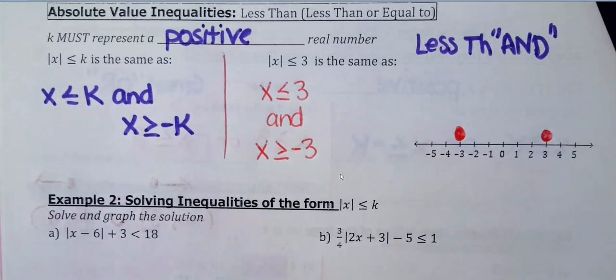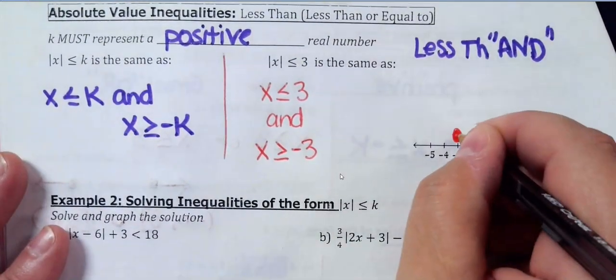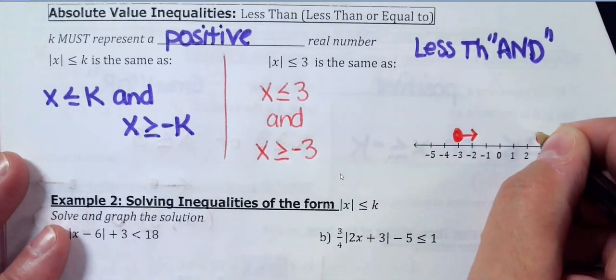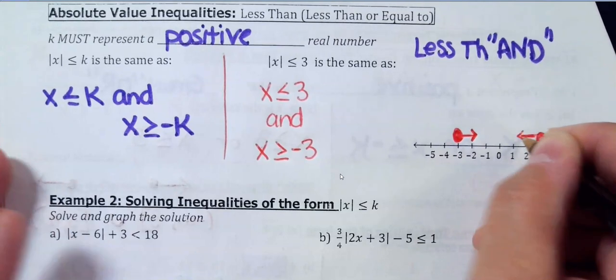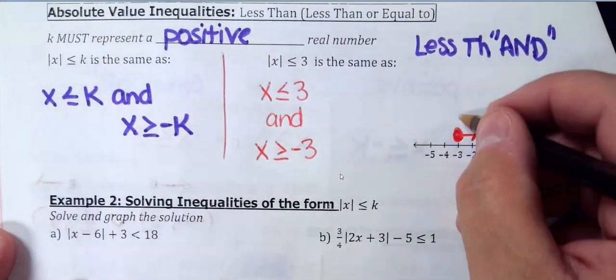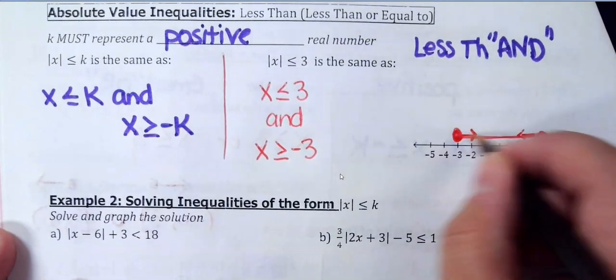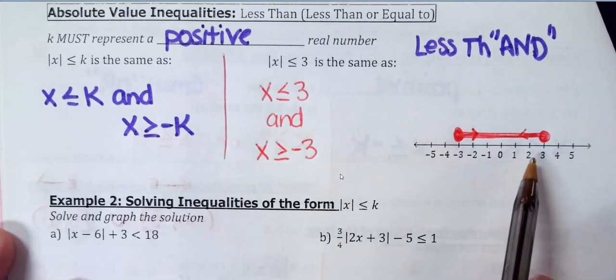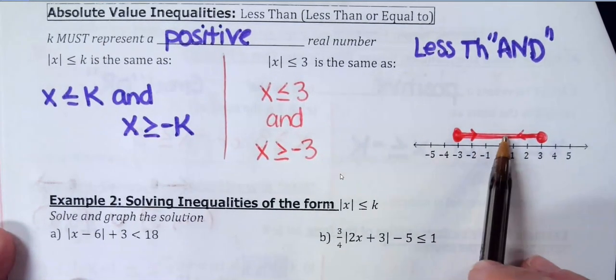Now, the -3 would point to the right from there, and the positive 3 would point to the left if you look at those inequality symbols. So if I'm graphing this properly, I should just play connect the dots here and make a line segment, but you don't go outside of that. All these numbers on this little segment are smaller than 3.